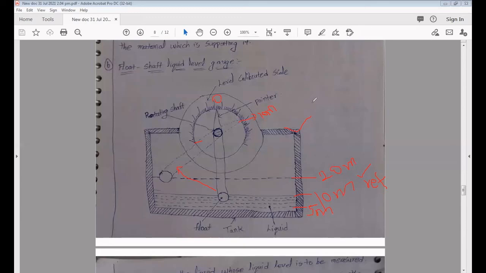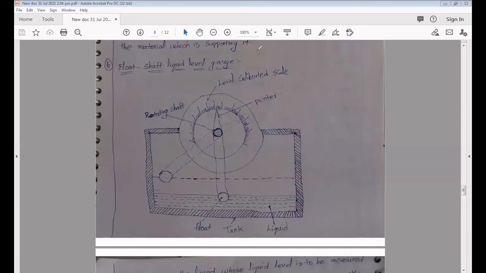Suppose the liquid level increases and is more than the reference point of 10, for example 20 minus 10. That means the enhancement of the water head level is 10 meters. The maximum water head level is 20 meters, and the previous, reference water head level is 10 meters. So this is the next topic.